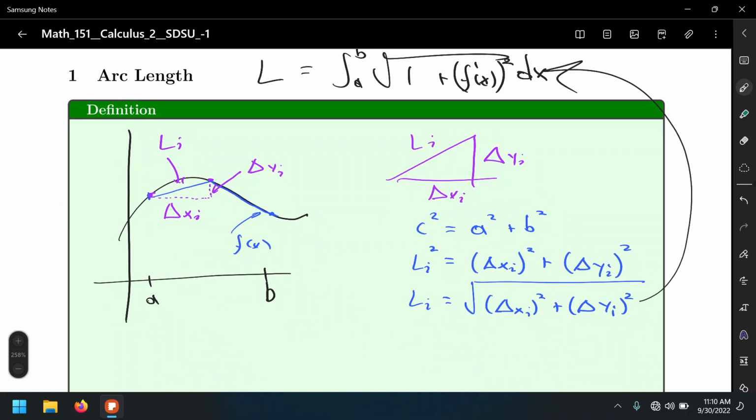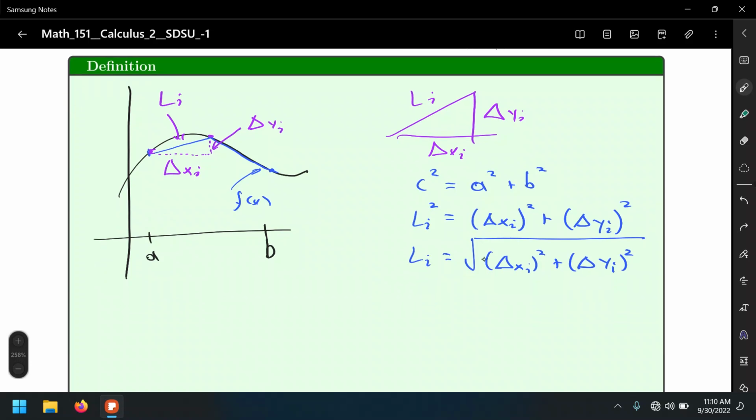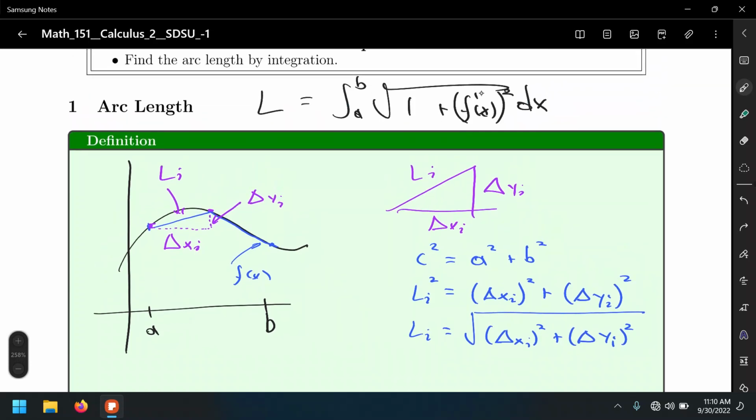Alright, so let's have a look. Let's see if there's anything interesting we can do about it. If you observe this f prime, that f prime is the infinitesimal version of a rate of change. Over here we have finite versions of delta x and delta y.